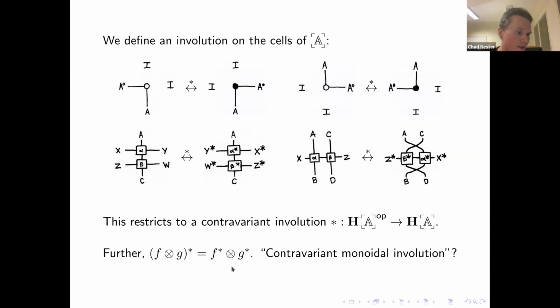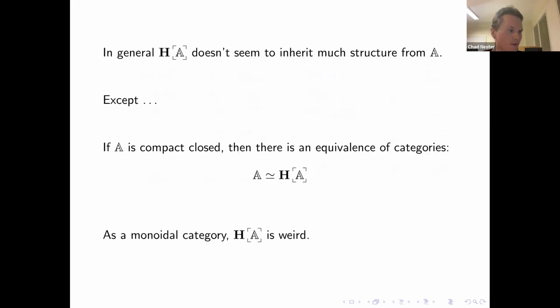And also it preserves the tensor product, which is weird. People work with monoidal involutions, but monoidal involutions are involutions on monoidal categories that flip the tensor product. So I would have that F tensor G star is G star tensor F star here. But this isn't a monoidal involution. This is something else. So that seems to be an important piece of structure as well.